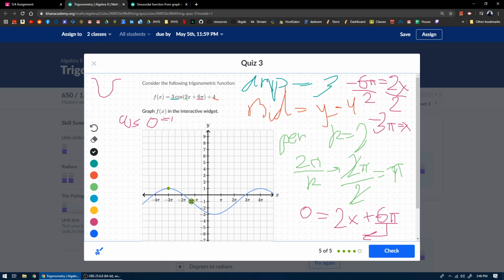I start my graph, so it looks like cosine.